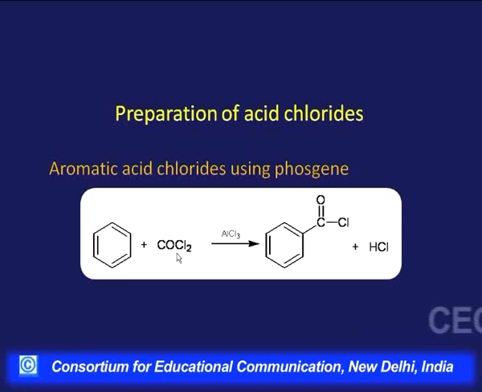Benzene reacts with phosgene in presence of aluminum chloride to give this C6H5COCl, that is benzoyl chloride. This reaction is, you can say, related to Friedel-Crafts acylation. In Friedel-Crafts acylation we have RCOCl in presence of aluminum chloride. Here it is C double bond O and then 2 Cl, one of the Cl has been substituted and the COCl group has attached here.